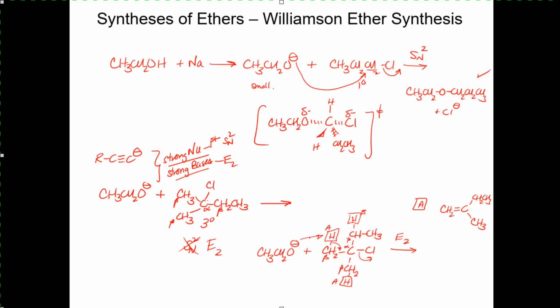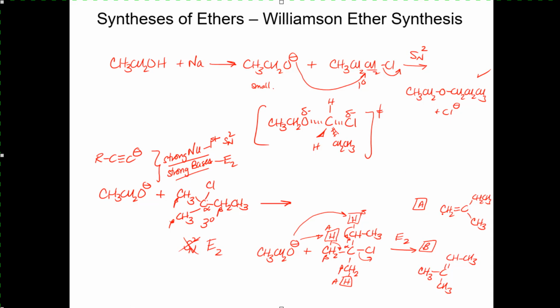And the product, if I was to have the CH3O- react with HB, have that pair of electrons move here, then kick the chlorine off. Now what I'm going to end up with is the double bond to the CH with the CH3 there. And that would be product B.